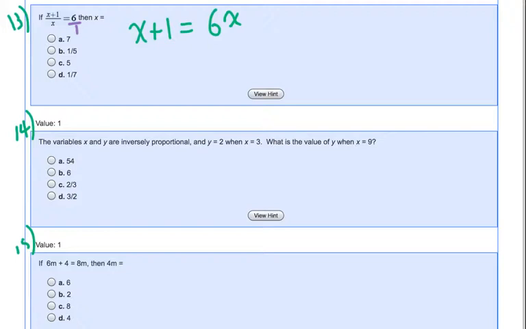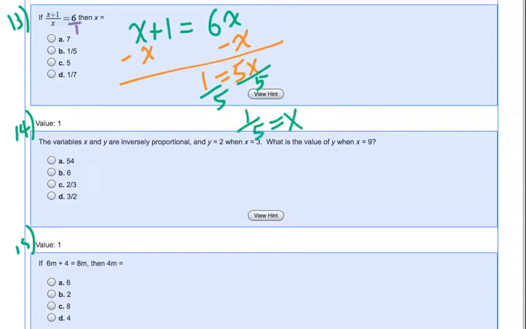Then I subtract x from both sides. So you will get 5x equals 1, divided by 5. You will get x equals 1 over 5. That's B is your answer.